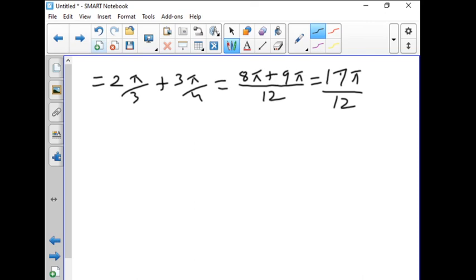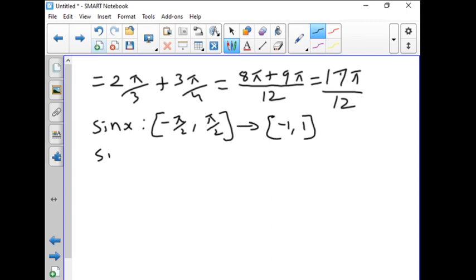Okay, so students, remember this always. What about sine curve, sin x? What is the domain? Minus pi by 2 comma pi by 2. Range is minus 1 comma 1. What about sine inverse of x?